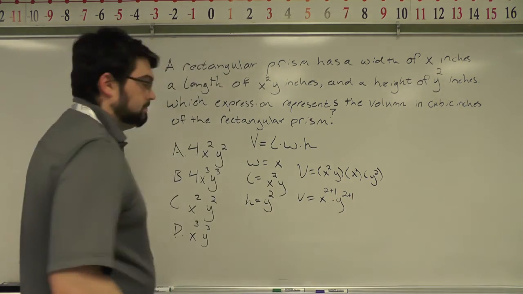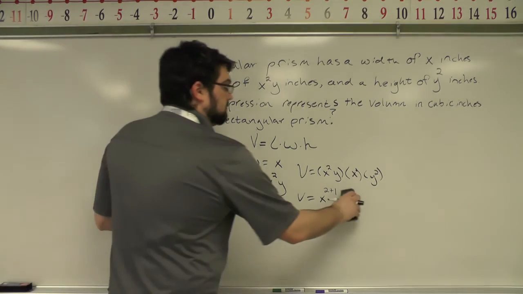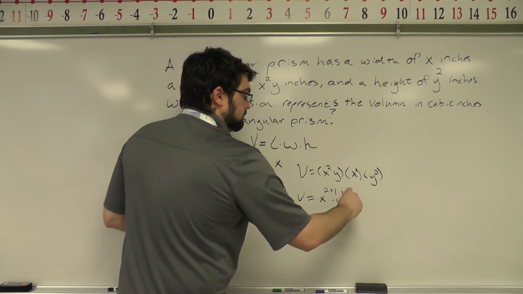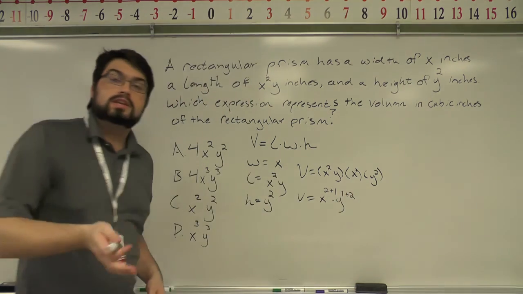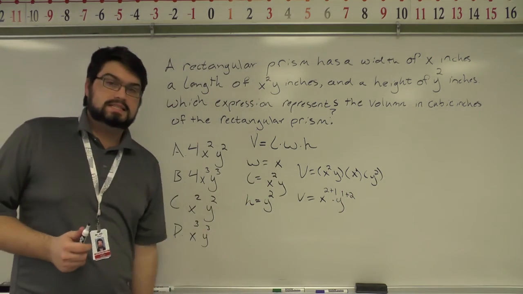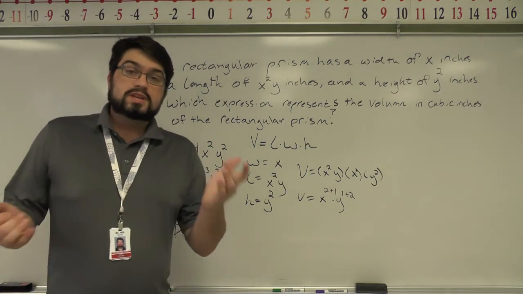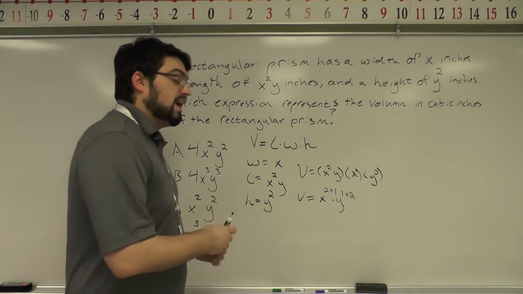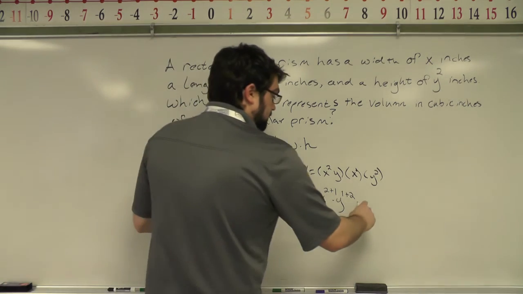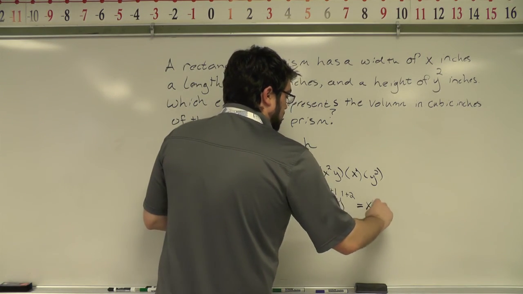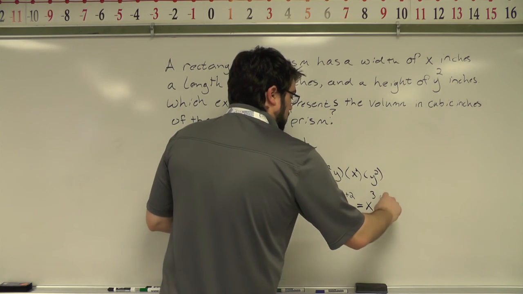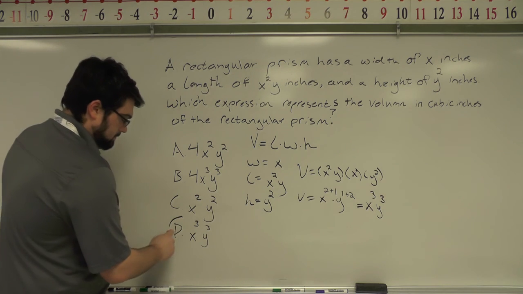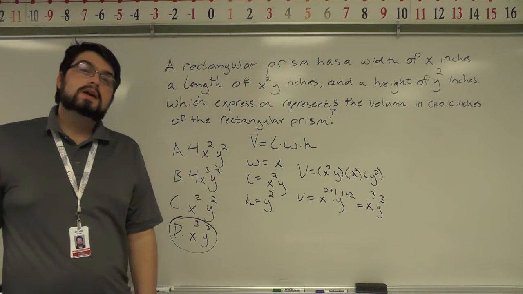Let's write that in the order we see it. I'm sorry, so 1 plus 2. That way we can just keep everything consistent. Now we know how to calculate 2 plus 1, and we get 3. So our answer is x cubed y cubed. So your answer choice will be D.